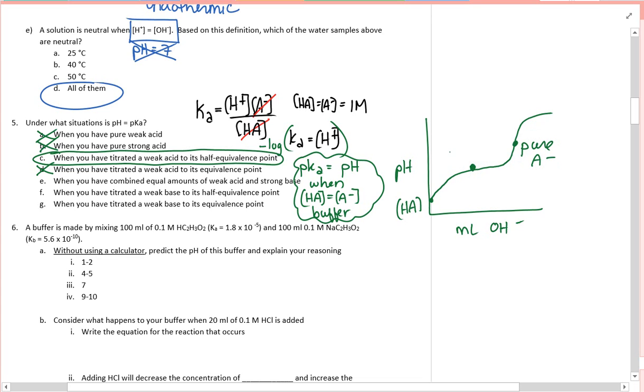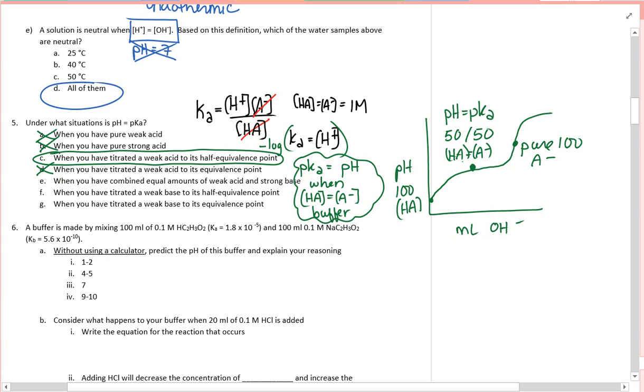Right here in the middle is where your HA is equal to your A minus, because you're halfway there. So half of your original stuff is still in the solution, and you're halfway to making your A minus. If you started out with 100 here, at the end you're going to have 100 A minuses, and right here in the middle you're going to have 50 of each. So you have a buffer, and at this point right here, this is where your pH is equal to pKa, and that's at this point only.